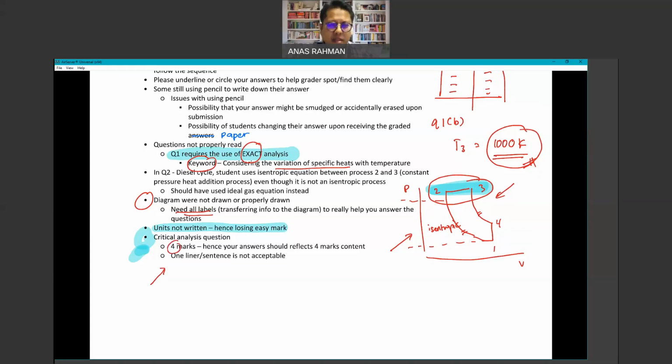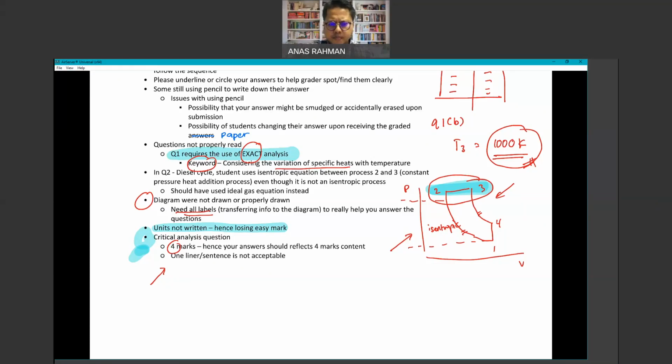So hence we have 8 marks in total. So 4 marks for each question means I expect some details and some analysis or discussion to accompany the answers that you give.